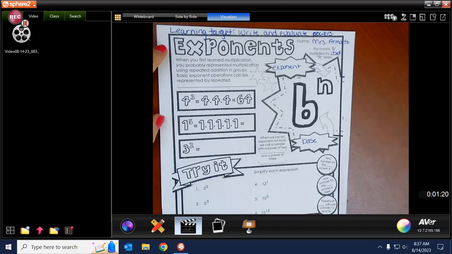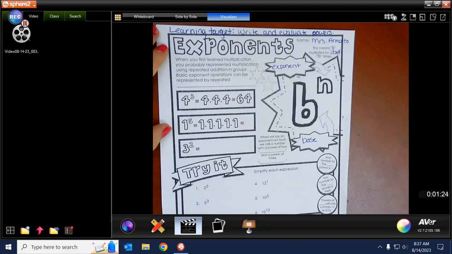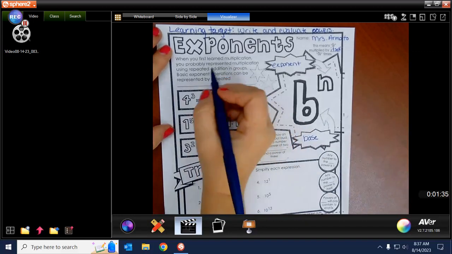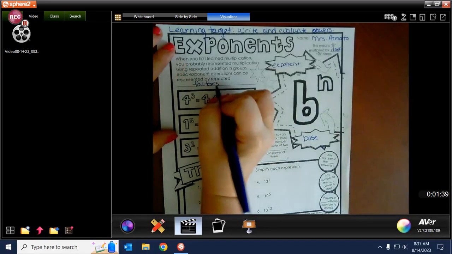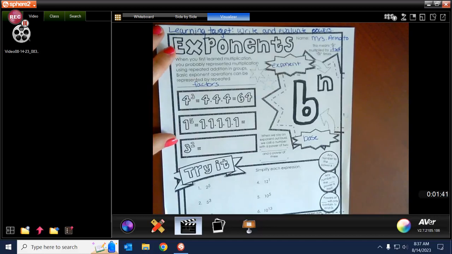Now, when you first learned multiplication, you probably represented multiplication using repeated addition in groups. Basic exponent operations can be represented by repeated factors. So when you have 4 to the third power, that is 4 as a factor 3 times.